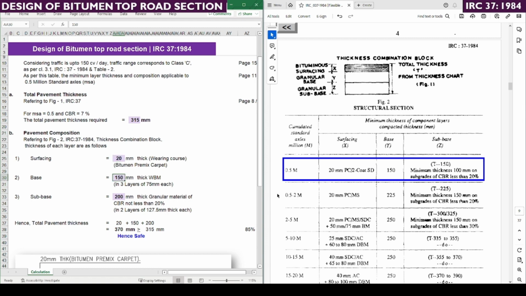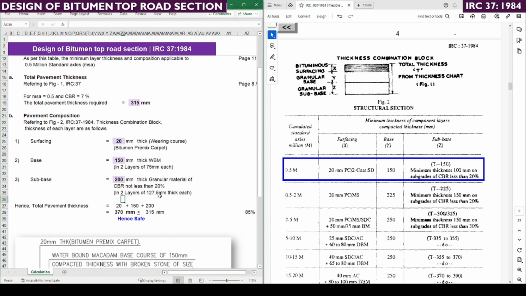For the base, WBM, we can provide 150 mm, in 2 layers of 75 mm. The thickness required for the subbase is 150, with a minimum thickness of 100 mm on subgrade of CBR less than 20. So CBR less than 20 we are going to consider, but the minimum thickness asked for is 100.